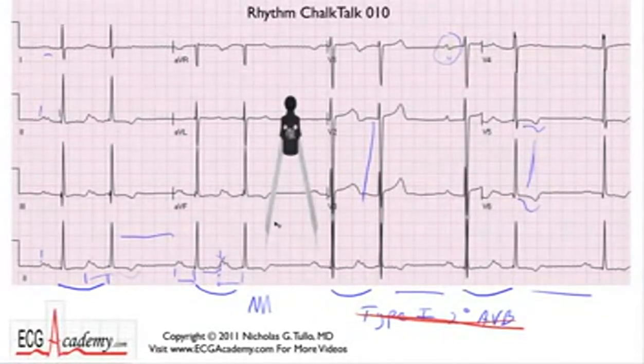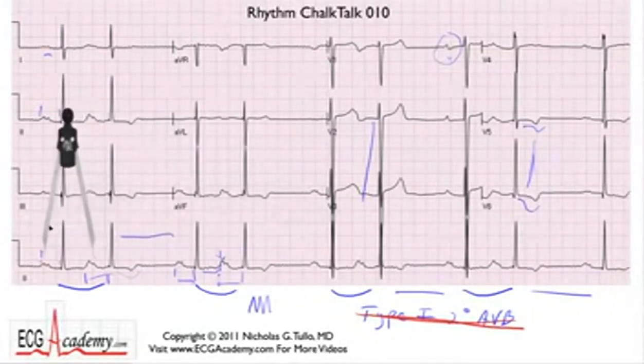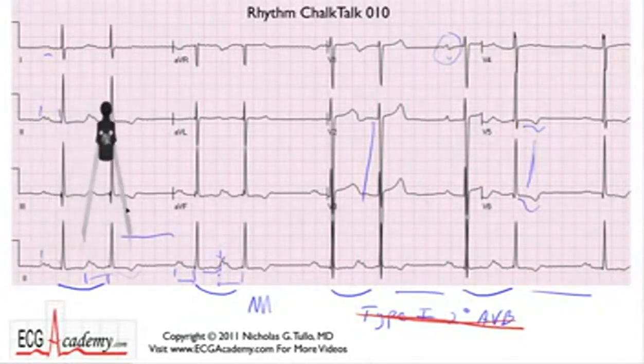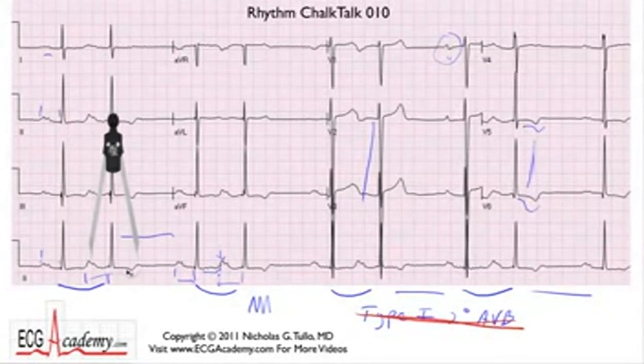Let's look at the P to P interval. So we'll come down here. So there's more or less the P to P interval, right? And so let's look at the next sinus P wave, and wait a minute, where is it? Hold on. We know that there's a nice smooth T wave here.